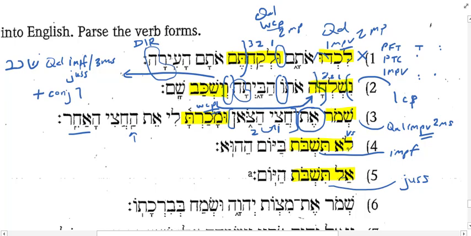How would I translate lo tishbot? You shall not rest as a generic prohibition. All right? But al tishbot, I want to translate that as don't rest. Okay? Don't rest. And notice that this word is giving me the more immediate context of that specific prohibition. Don't rest today. Okay?